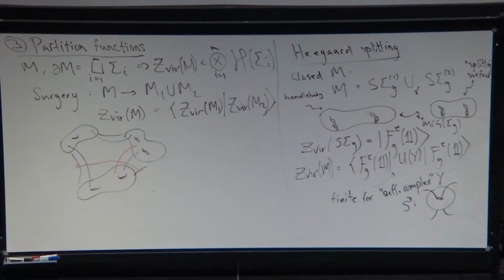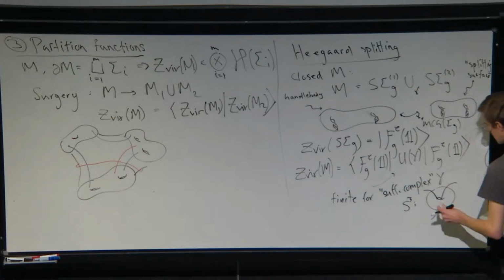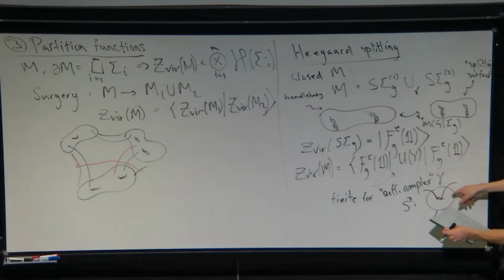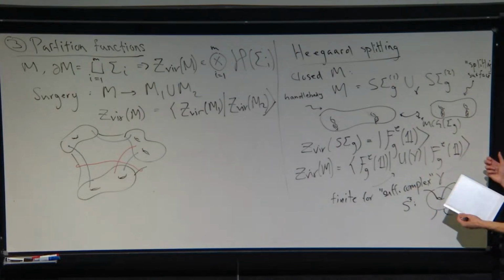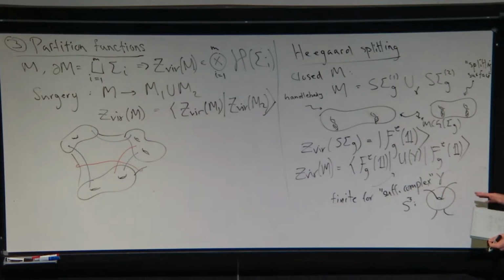You split S3 into the union of these two solid tori. I'm struggling to draw the dual one, but you probably know what I mean. They're identified on their boundaries. You should think of it as you have a donut, and then through the hole of the donut, there's a donut in the dual channel. And then they're identified along their boundaries, and this is S3.